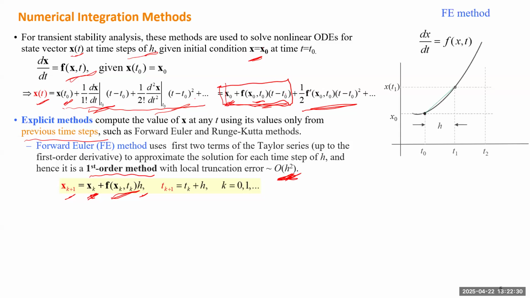Let me give you a visual example of how the forward Euler method solves a nonlinear function. We consider a single dimensional example, so here it is a single variable. Assume this black curve is that nonlinear function f. It describes how the first order derivative of x will change nonlinearly over time, and h here is just a time interval.